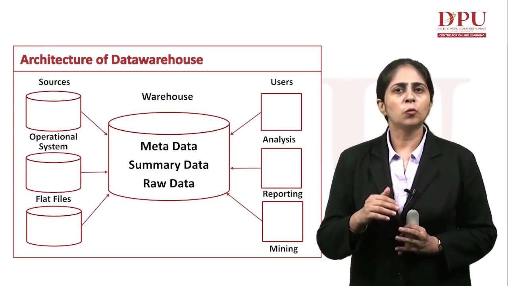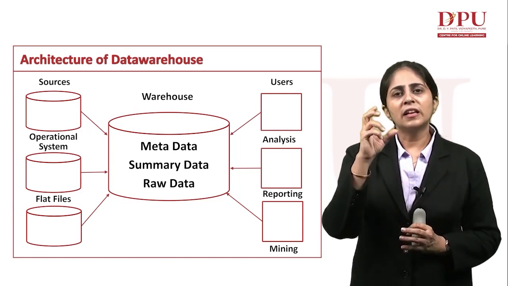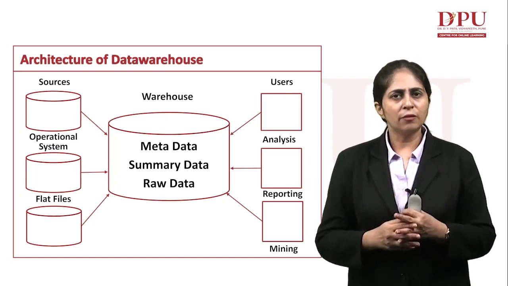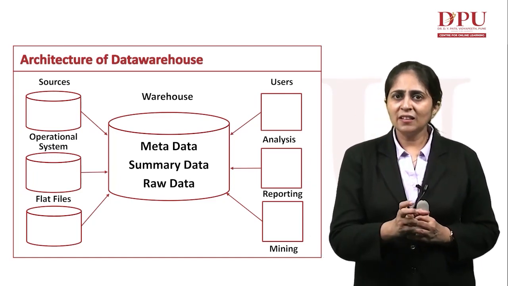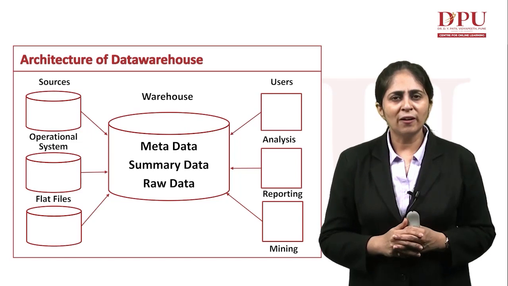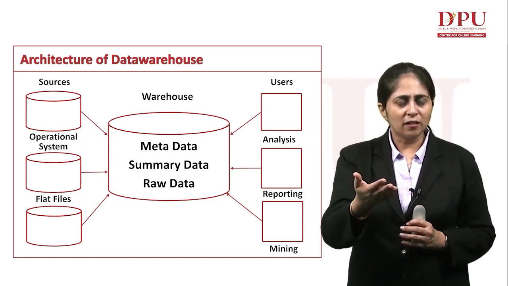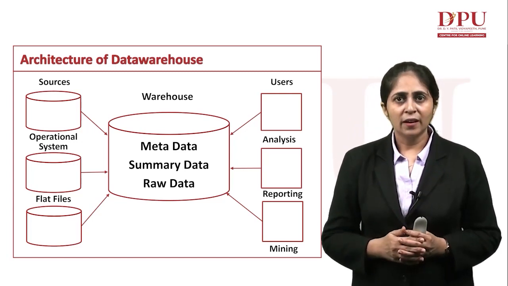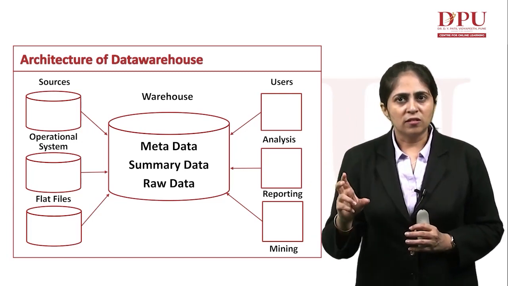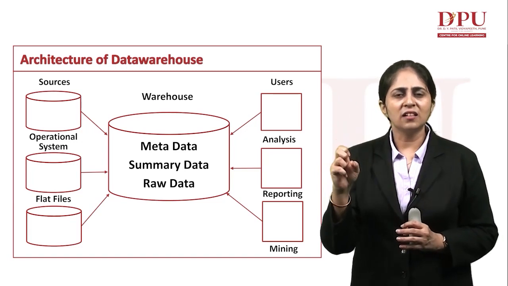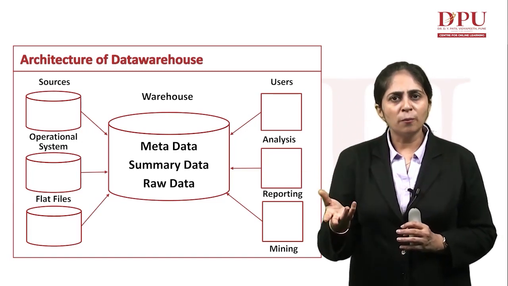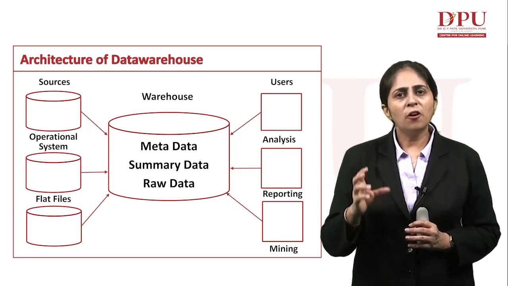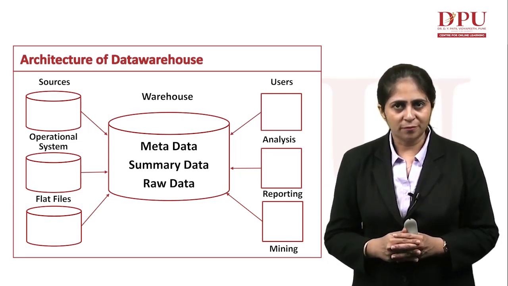So, what will our warehouse contain? It will contain the raw data, which is the general data that we have received, the summary data, which is the summarized form of our data, and also the metadata, which will include some of the references for our data. Then we have the users. They can analyze this data, they can make reports from our data, or they can also use this data warehouse for the purpose of data mining.